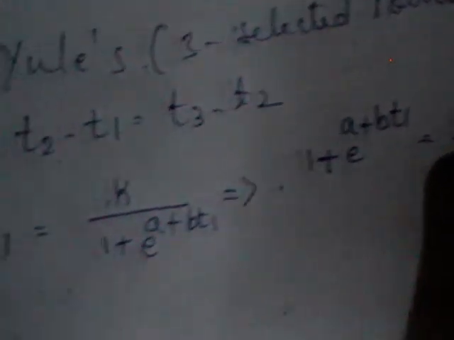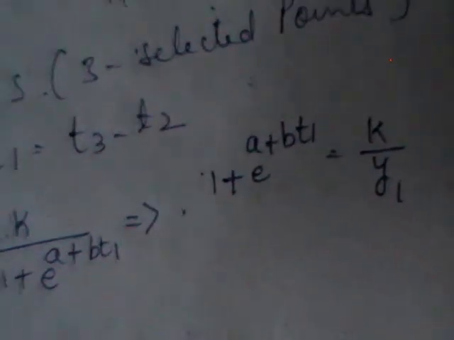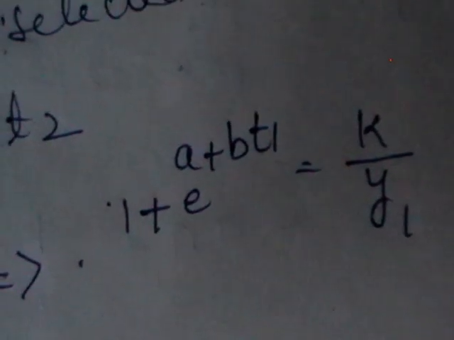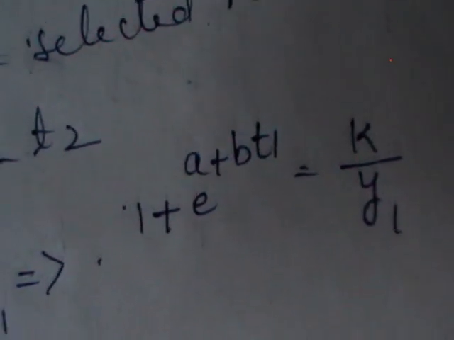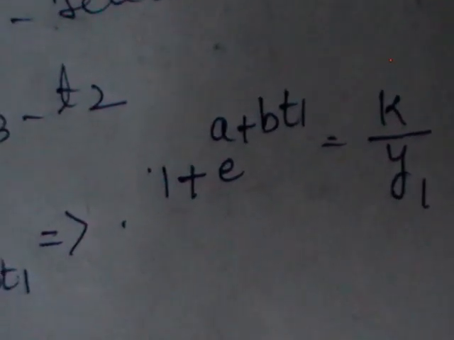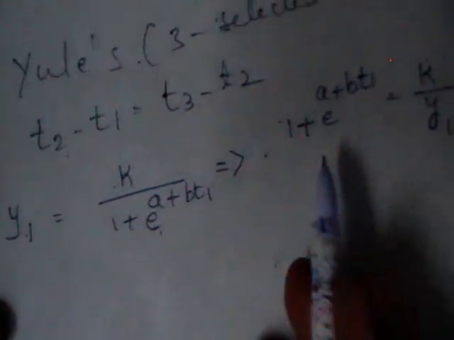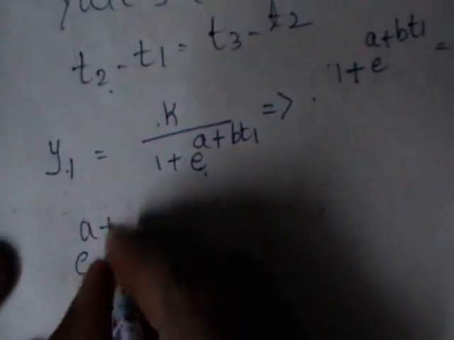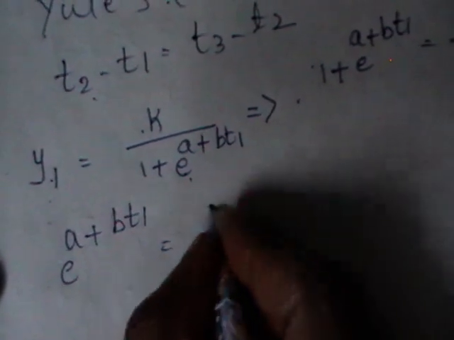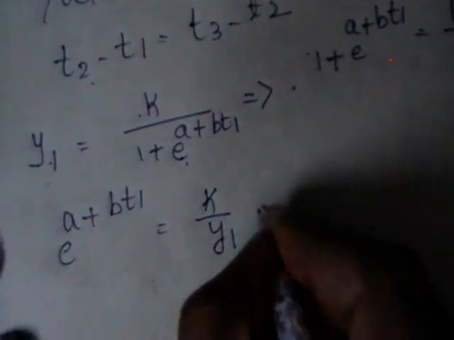This is simplification. My aim is to find out k. For that I am going to use Euler's method, which is similar to three selected points. After writing y1, I shifted this y1 to here and 1 plus to the LHS. From this I want to write e power a plus b t1 will be k by y1 minus 1.